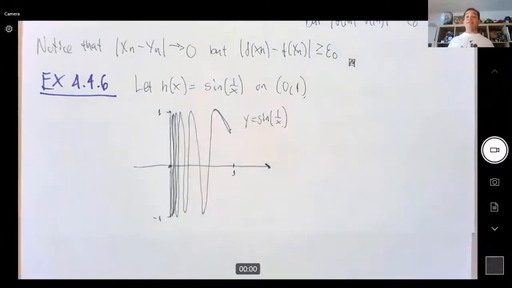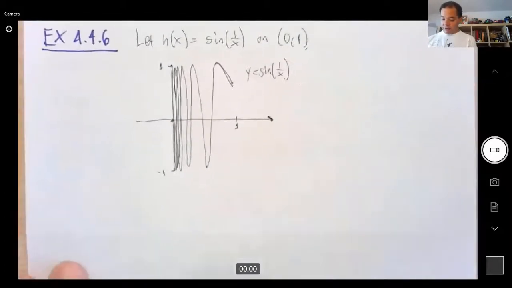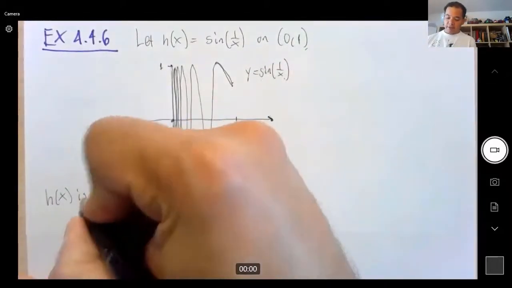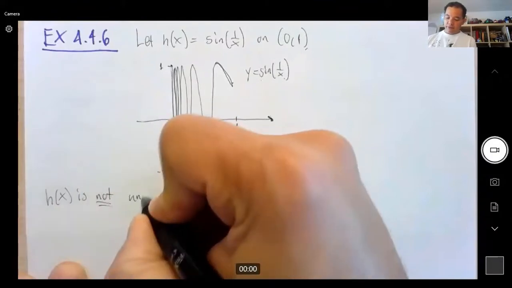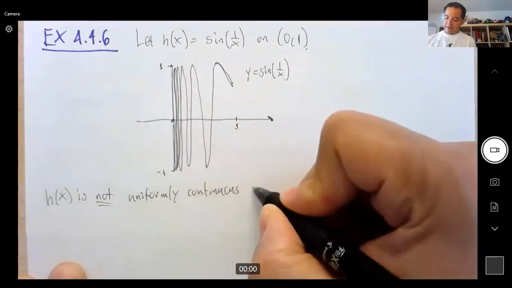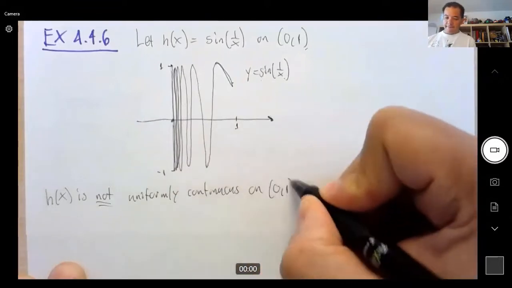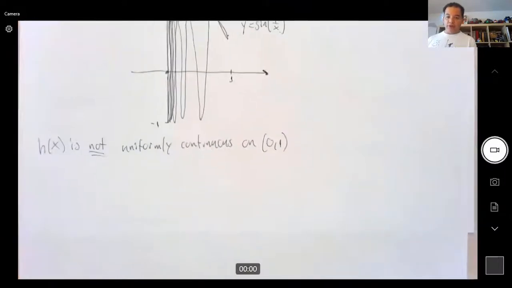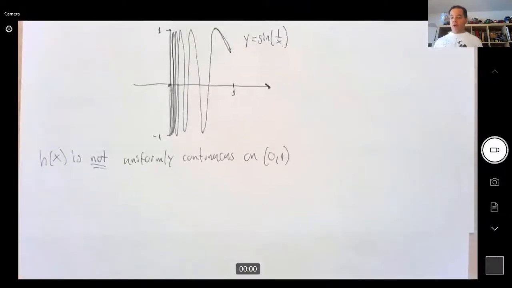Now the question is, is it uniformly continuous? And the answer is no. So h is not uniformly continuous on (0, 1). How do we show it's not uniformly continuous? Based on the previous theorem, we need to come up with two sequences that are getting close to each other, but such that their outcomes are epsilon 0 separated, right?